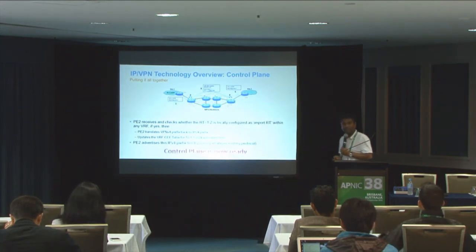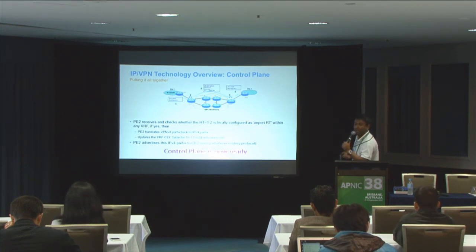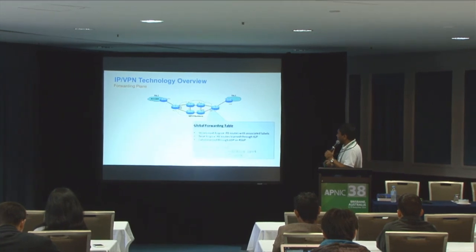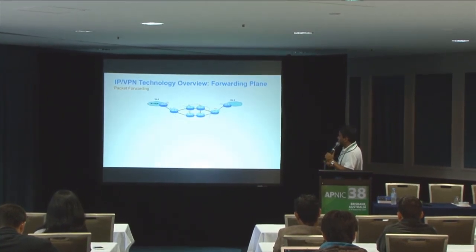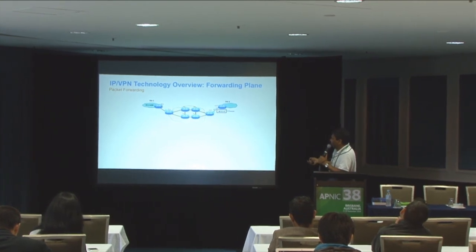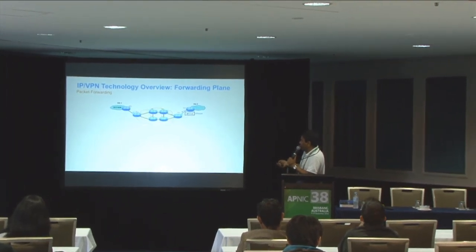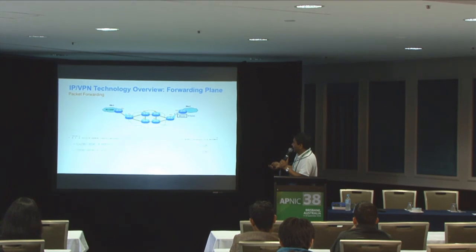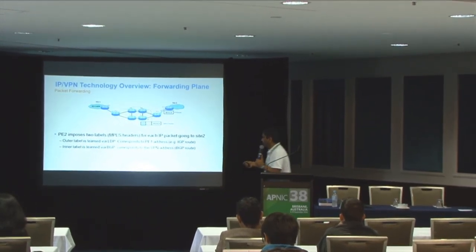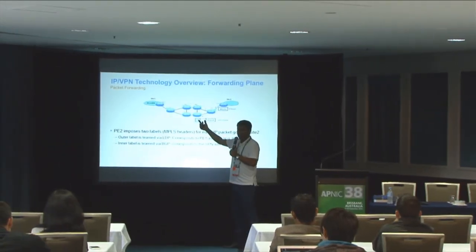When the control plane stuff is done, now let's see the forwarding plane, how data are exchanged. So now this guy is sending a packet whose destination is 10.1.1.1. When the packet comes to this PE router, what will this router do? It will add two labels.